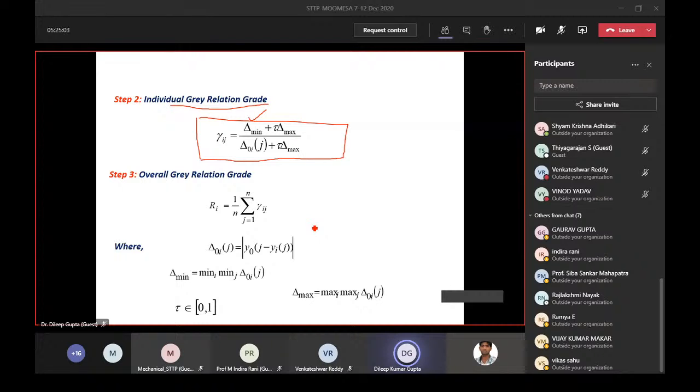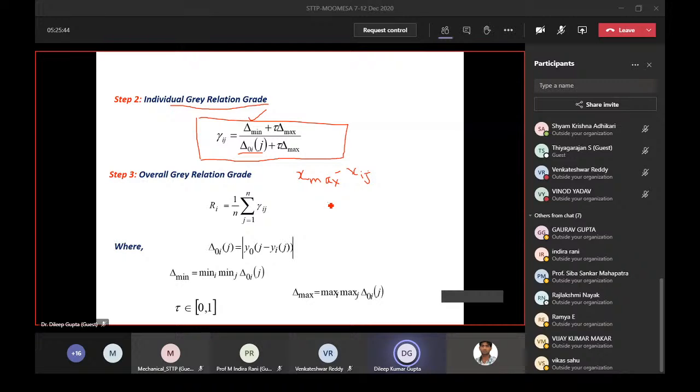And tau is the constant that will normally be taken as 0.5 for the majority of cases. Coming to this one, the value of delta 0i is nothing but the delta maximum, the difference between the maximum value of xij and the value of xij, right?